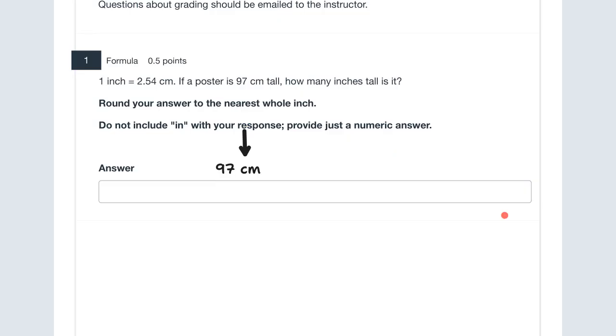We're analyzing the dimensions. Now, I do like to put this over 1 so it looks like a fraction. And the reason why I do that is because dimensional analysis has us multiplying by fractions. So I'll put my fraction bar here. And then this fraction has to be made up of this conversion here that's been given to us.